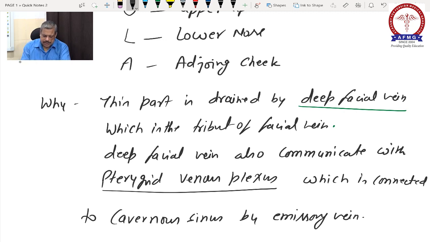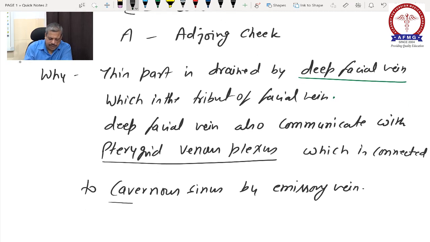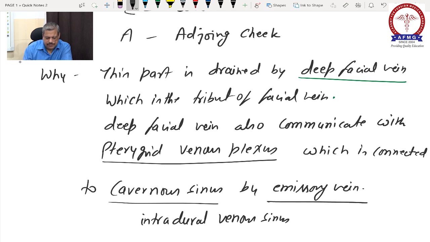We know the cavernous sinus is an intradural venous sinus, and emissary veins are valveless bridging veins. Where is the pterygoid venous plexus present?